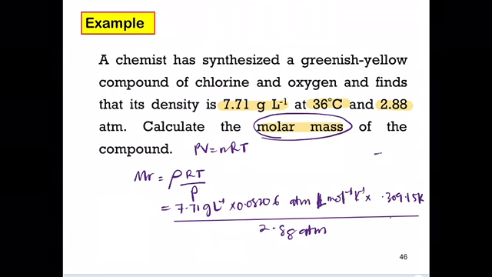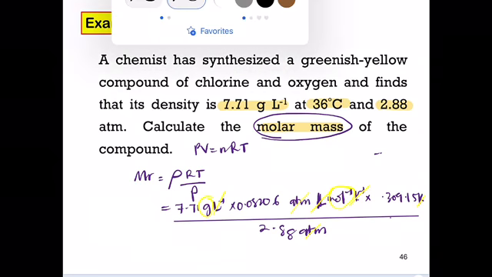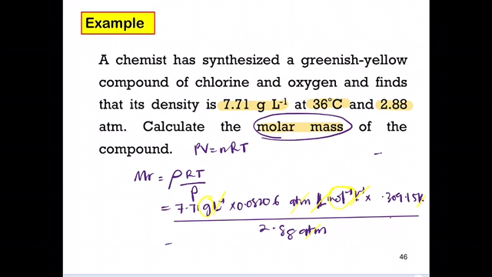We cancel atm with atm, K^-1 with K, liter^-1 with liter. So what's left is gram per mole. Then we press the calculator, and we'll get the molar mass of this compound as 67.95 gram per mole.